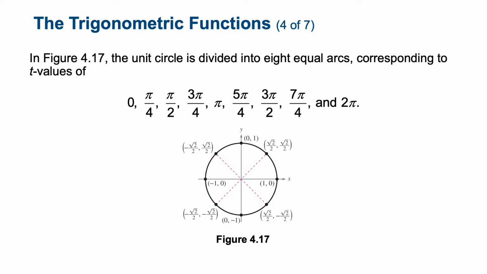Notice that every point on the circle has corresponding specific coordinates on the unit circle. For instance, when you have pi over 4, x is root 2 over 2, and y is root 2 over 2, okay? And then here, notice that this point is basically a reflection across the y-axis, right?